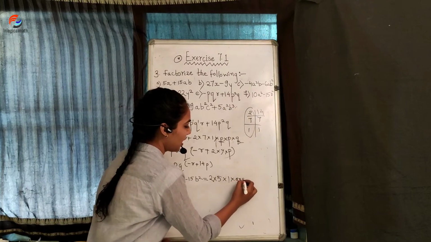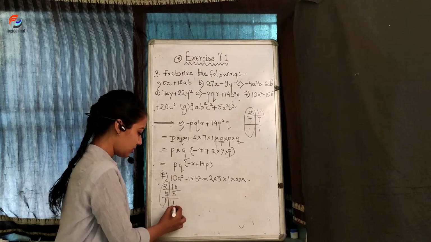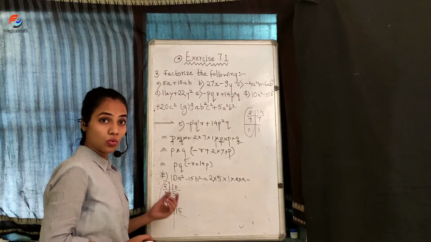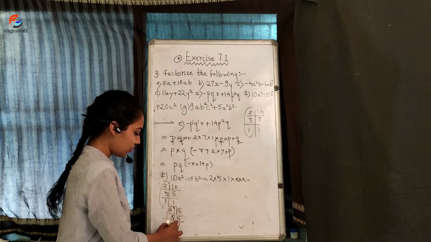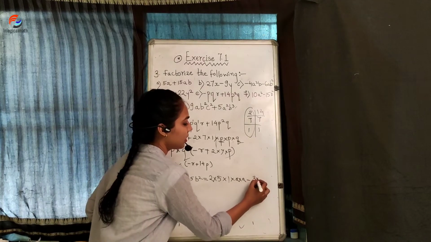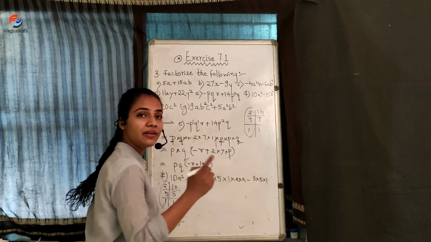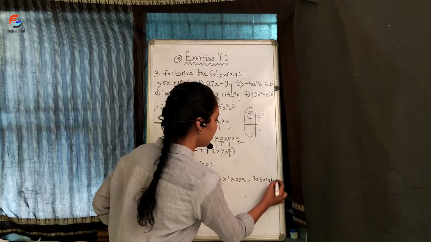So A multiply A minus 15. So now we can't divide 15 by 2, so go for 3. 3 5s are 15, 5 1s are 5. So the factors are 3 multiply 5 multiply 1. Now B having 2 powers, so multiply B multiply B.